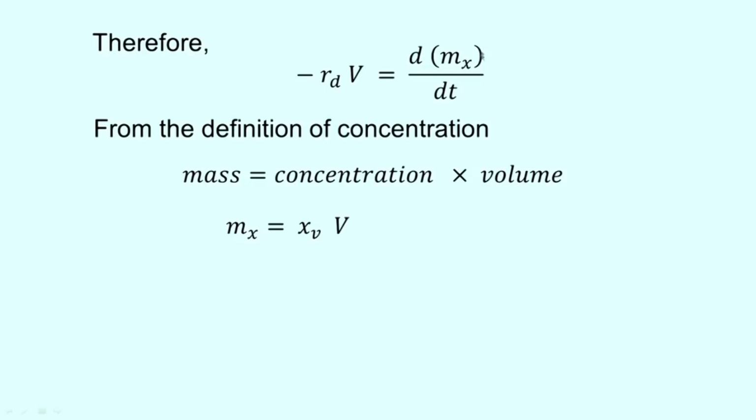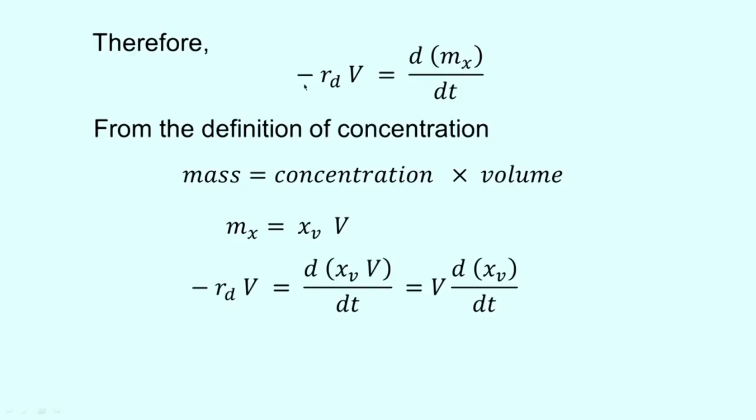If we use this to replace this m x, then we get minus R D into V equals d dt of x v into V, and in this case, since the volume of the broth, the volume of the system, is a constant, we can take volume out of the derivative: V into d dt of x v.